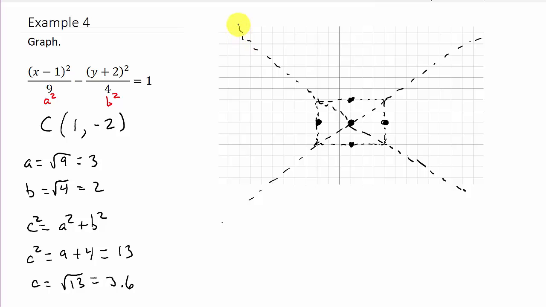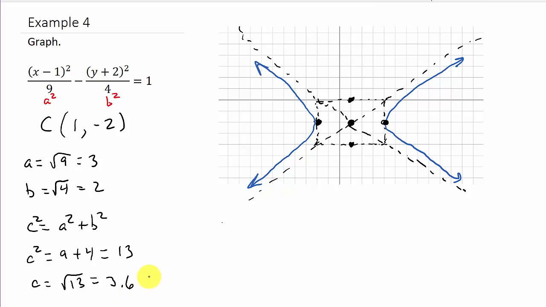Okay, so now we have this drawn. Now we can sketch in our hyperbola. So since the x term's first, this one's going to open left and right. So if we draw it in, the hyperbola, and there it is.